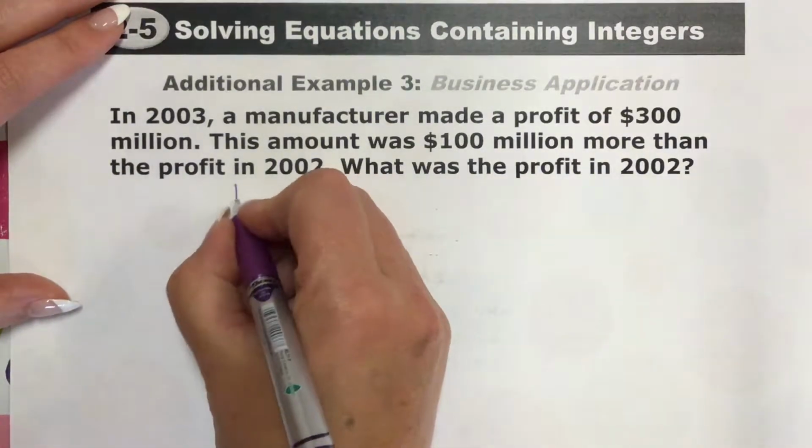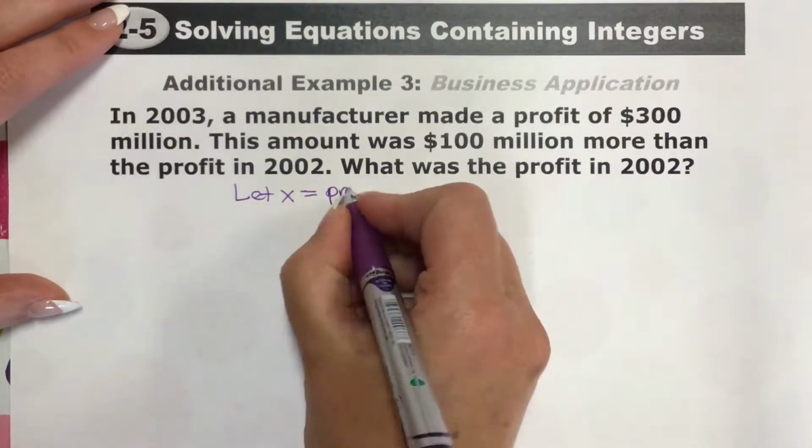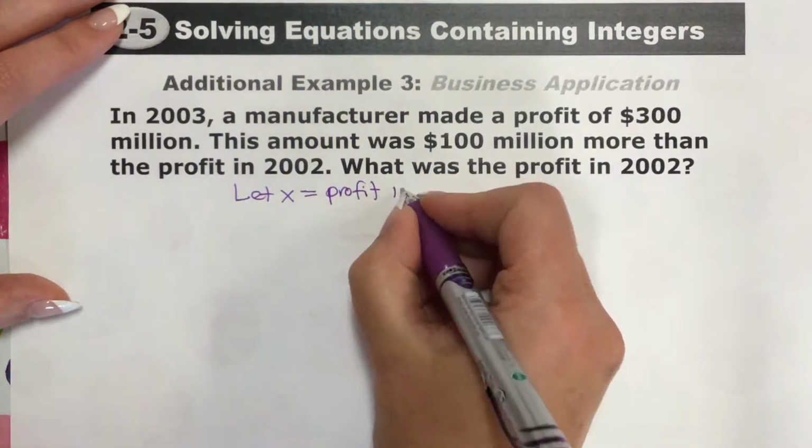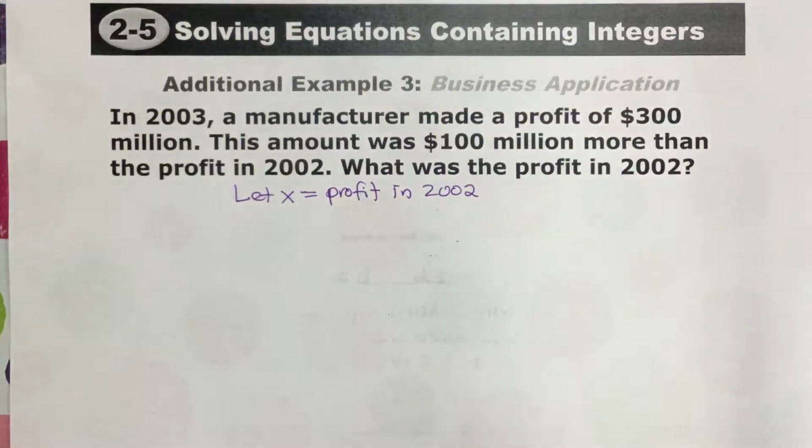So I'm going to say, let x equal profit in 2002. All right? Then usually in story problems, there is a sentence which really tells you what the equation is going to be.